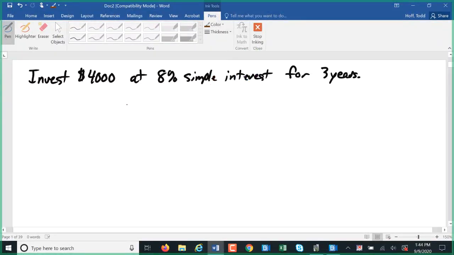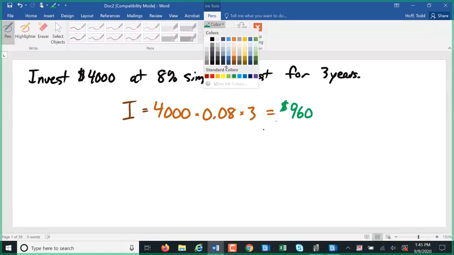The amount of interest, I, equals the principal, 4,000, times our rate. Well, 8% becomes 0.08 as a rate, times our time, 3 years. Multiply that up, I believe that's $960 in interest.